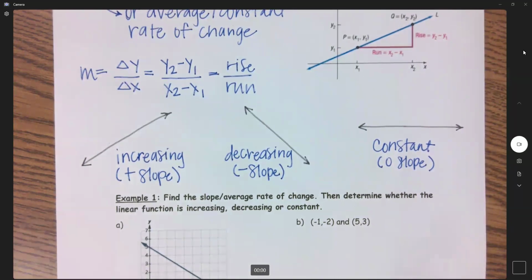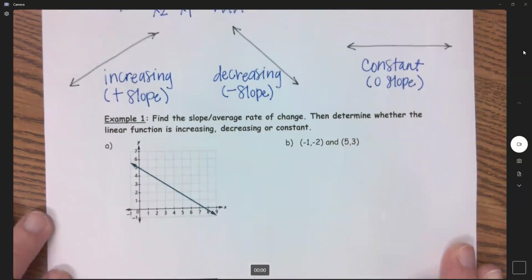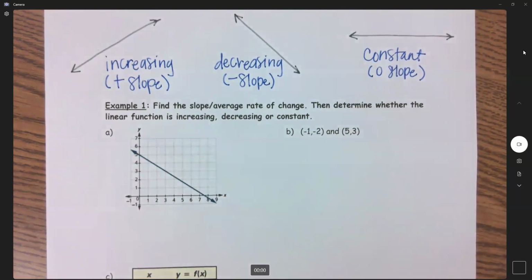Okay, so let's apply this in example 1. In example 1, it says find the slope / average rate of change, which we do know means the exact same thing. Then determine if the linear function is increasing, decreasing, or constant. So first one here, when I'm given a graph, we need to find some ordered pairs.